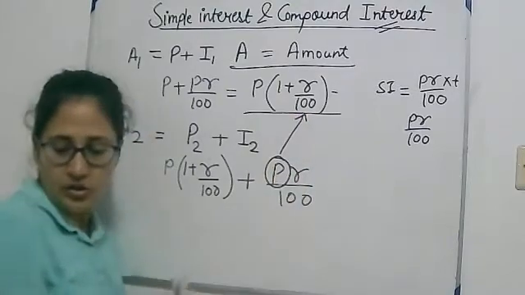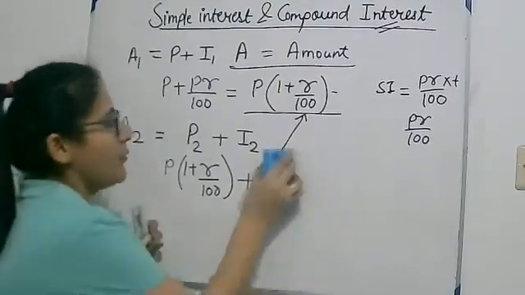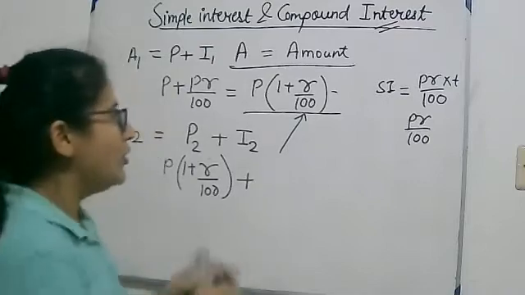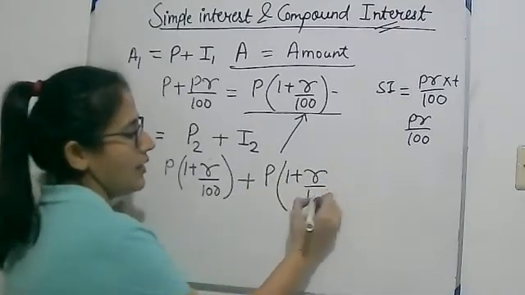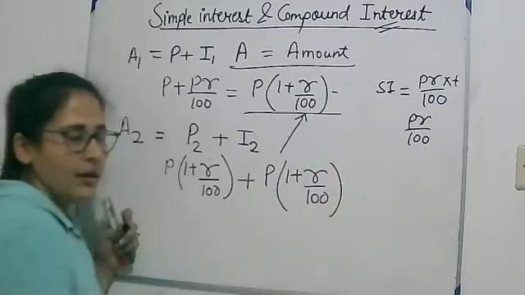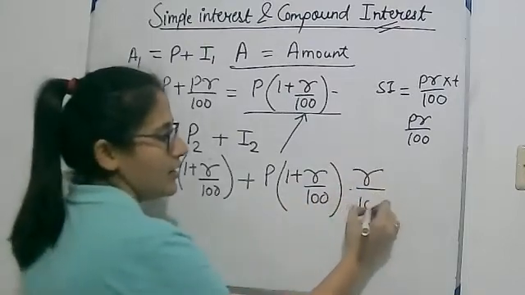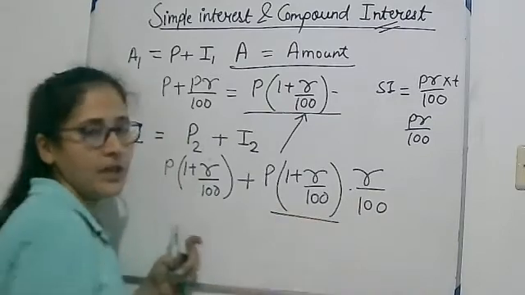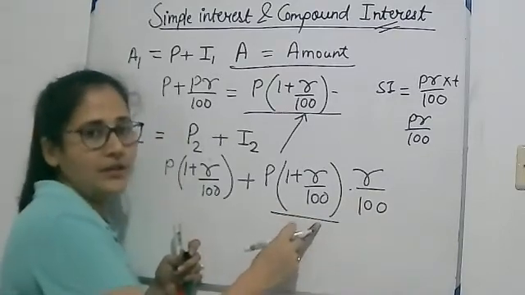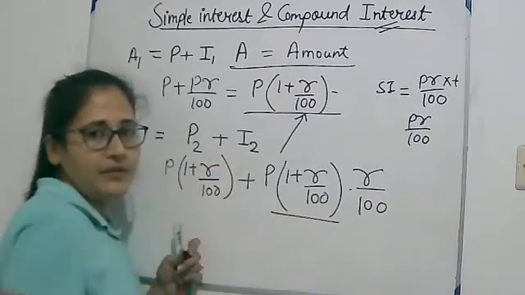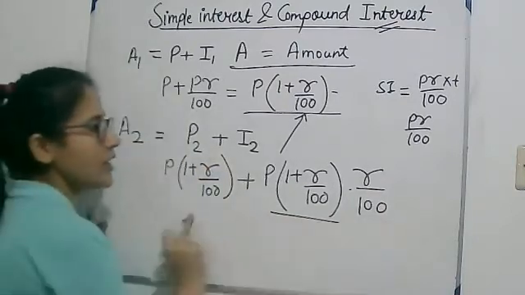This amount. So now change the value of P. Value of P is the same amount, like this, 1 plus R over 100, and R over 100. In the place of P, we substituted the value of principal amount plus interest of the previous year. Now solve this equation.